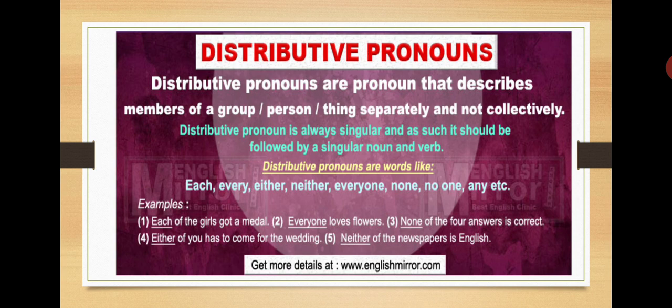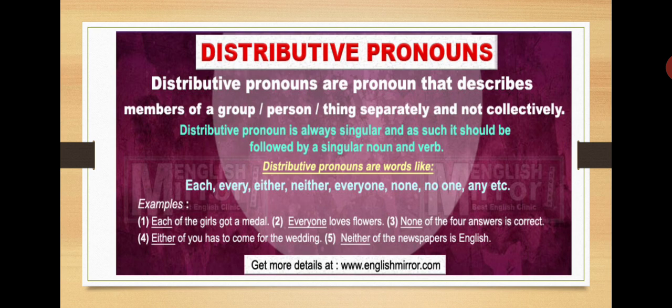Now, distributive pronouns. Distributive pronouns are pronouns that describe members of a group, person or thing, separately and not collectively. A distributive pronoun is always singular and as such it should be followed by a singular noun and verb. So distributive pronouns refer to persons or things one at a time. They are always singular.